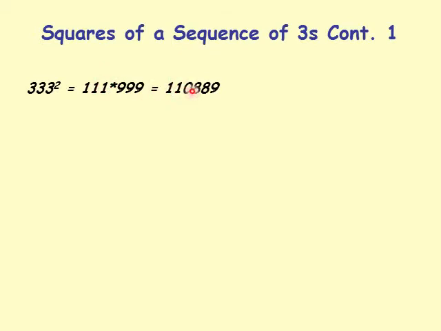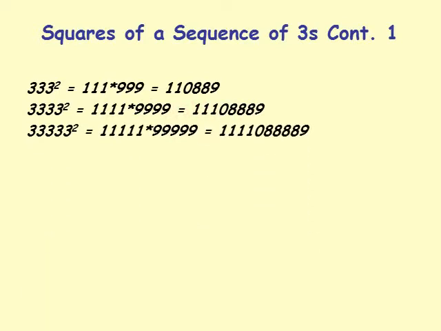Also 1 plus 8 is 9, and 0 plus 9 is 9. Let's continue. Now 3333 squared is equal to 1111 times 9999, which is equal to 11108889. Continue. 33333 squared is equal to 11111 times 99999, which is equal to four 1s, 0, four 8s, and a 9.